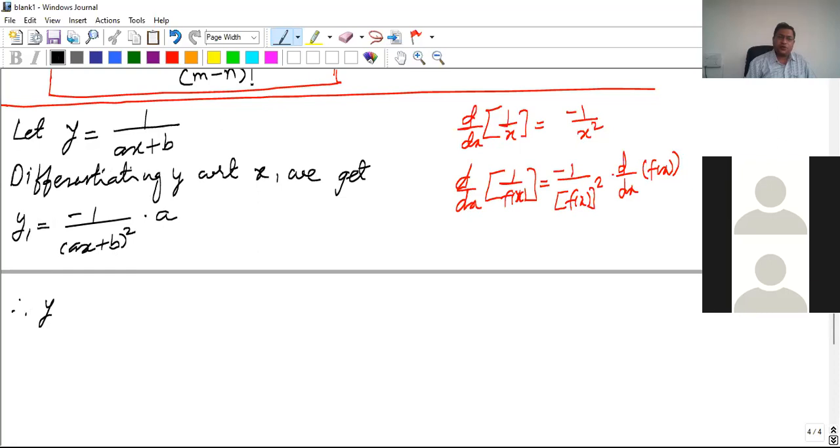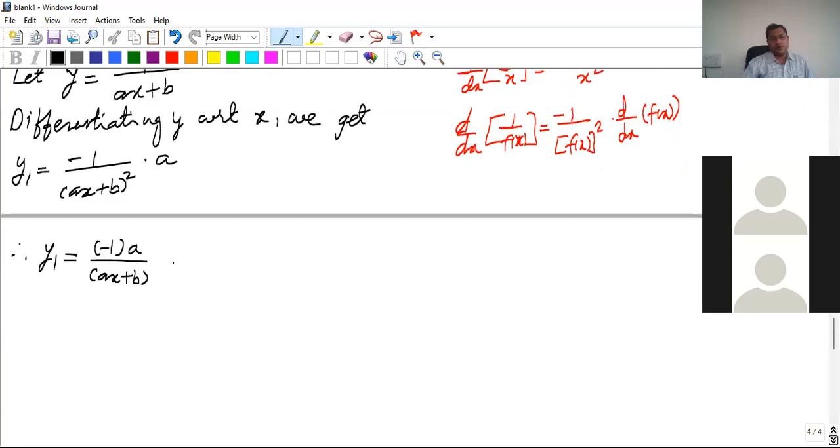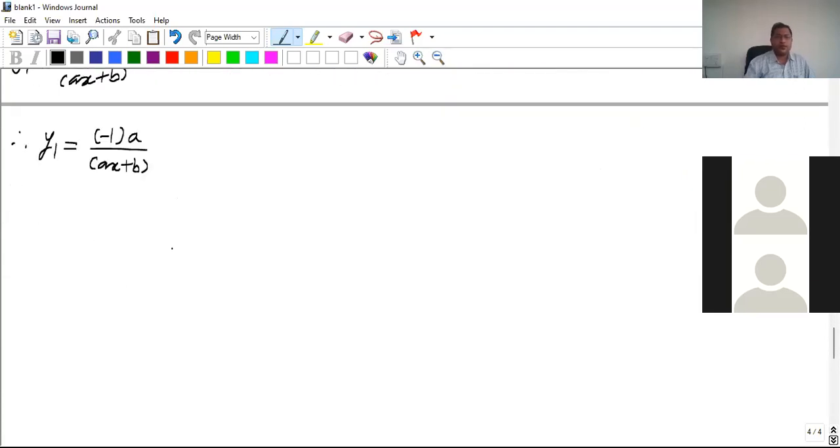As we have to generalize this, don't be in a hurry. This is going to be minus 1 into a, and here we have ax plus b. So this is our first derivative.